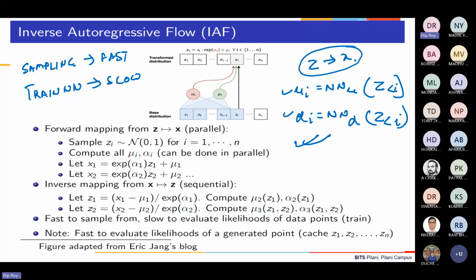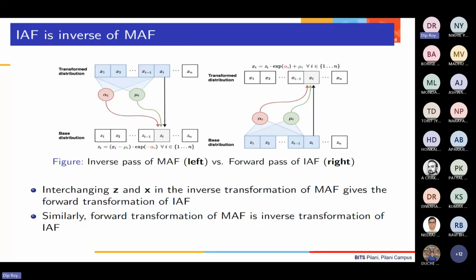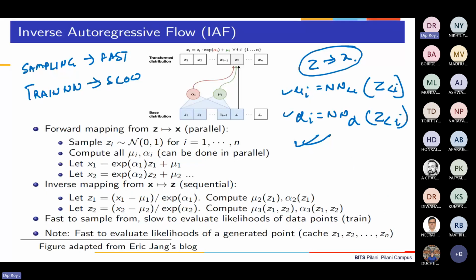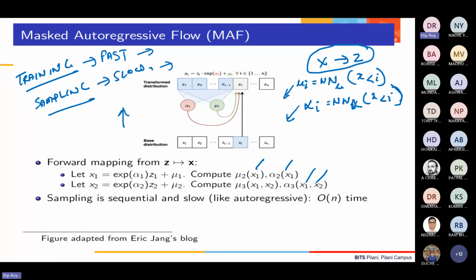With these two architectures, we see the drawback and the strength of each. Now, this MAF architecture is masked autoregressive, and it is called masked because you are not able to see the future, similar to an autoregressive model.